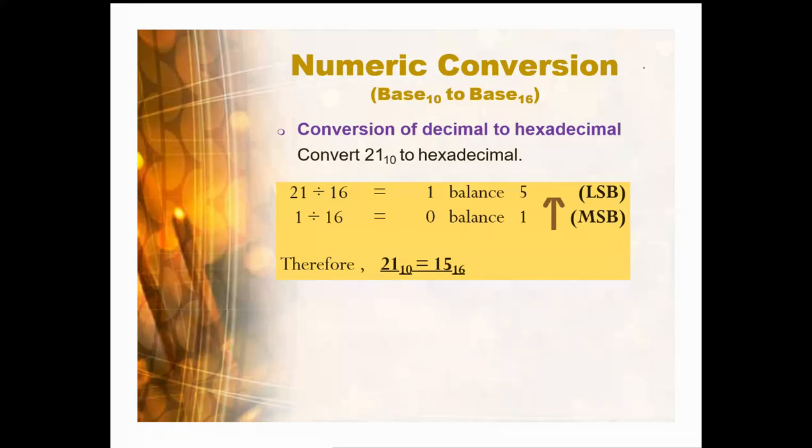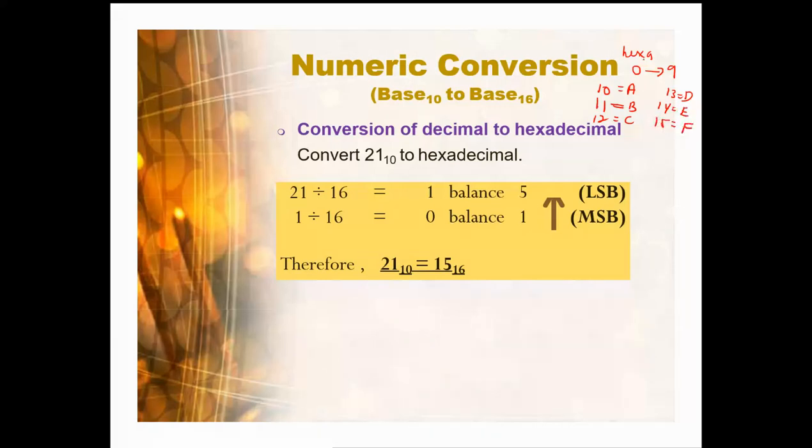The decimal numbers from 0 to 9 are the same in hexa. But the value of 10 in hexa is represented by the character A, 11 represented by B, 12 equivalent to C, and 13 represented by D, 14 by E, and 15 by F.